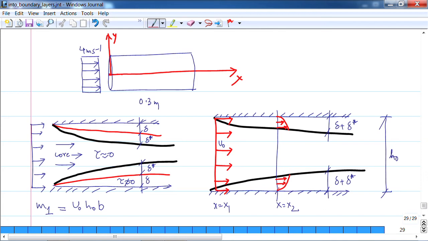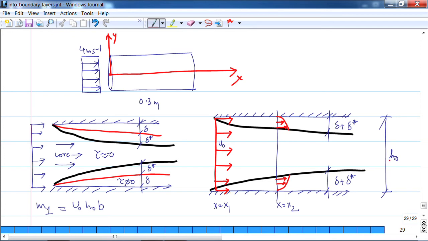This velocity is going to be less than u naught, isn't it? So, for example, it is u naught here, but it is 0 at the wall, at x2. Similarly, here it is u naught, but this thing is less than u naught.